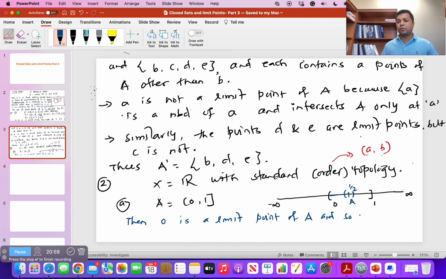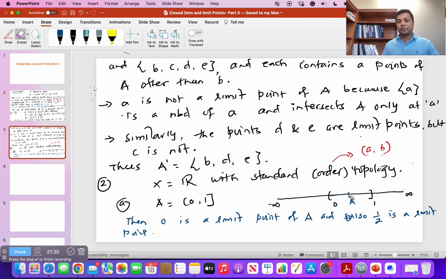In fact, if you pick any point on this set A, that point is going to be a limit point.